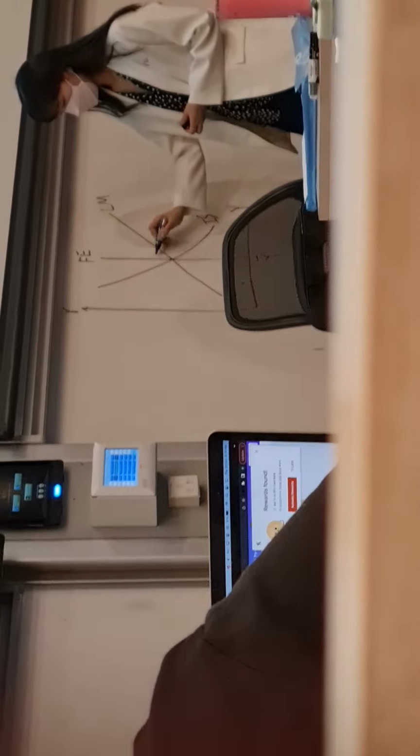You can draw the labor market by the real wage, labor demand, labor supply. So initially we have N1 bar, the initial equilibrium.